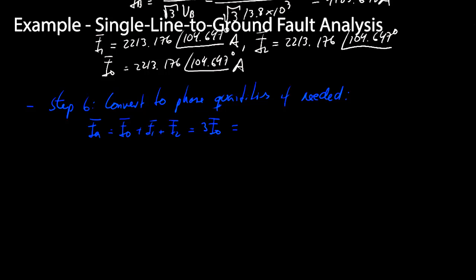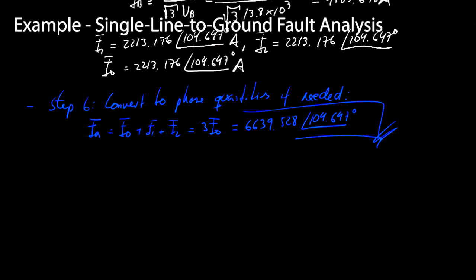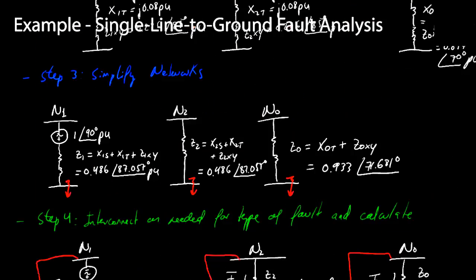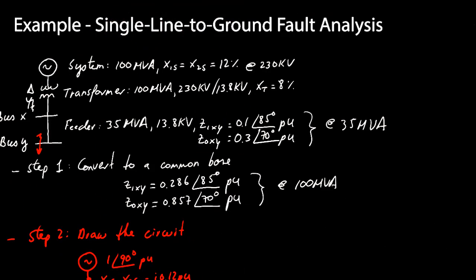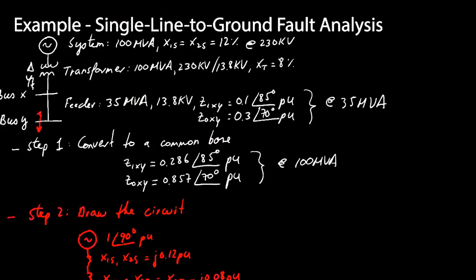So in here then I would get that IA, which is the faulted phase in our single line of ground fault example, is going to be equal to 6639.528 at an angle of 104.647 degrees. So this is our answer for the fault current at bus Y in our example power system over here in the top left.